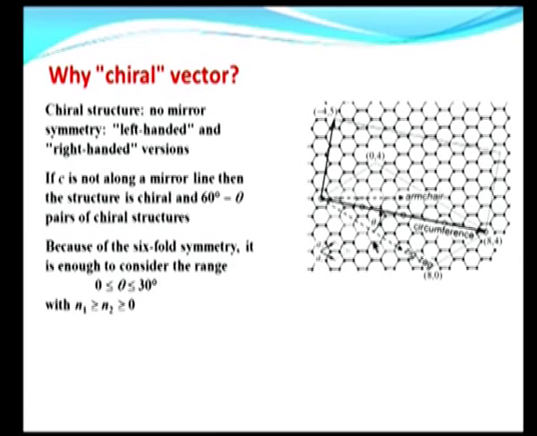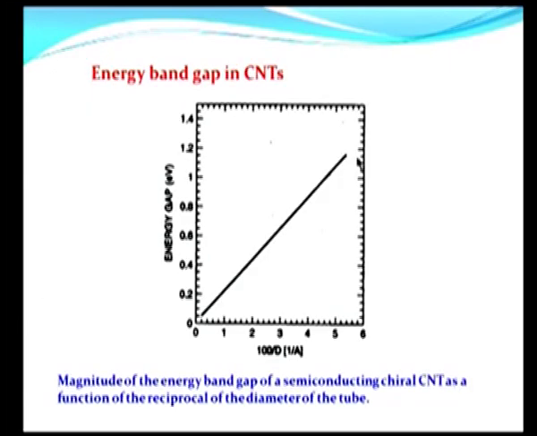A great deal of work has been done on these things, and these are now really textbook material. I mentioned that you can have semiconducting carbon nanotubes in the zigzag and the chiral configurations. What is shown here is the energy band gap. Semiconductors have an energy band gap. So, this is the energy band gap as a function of the inverse diameter.